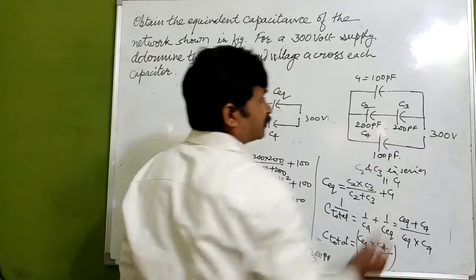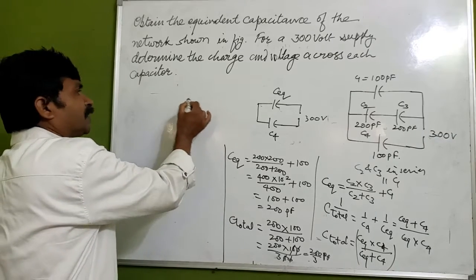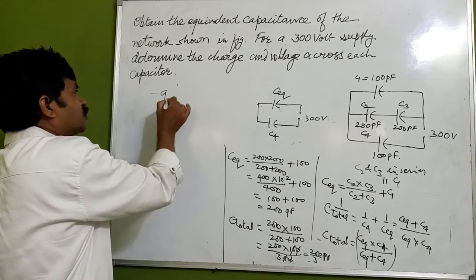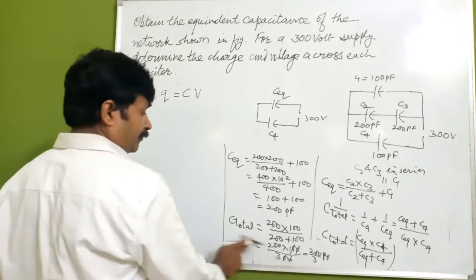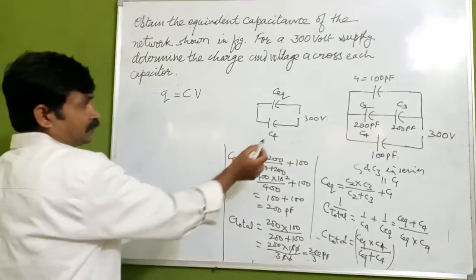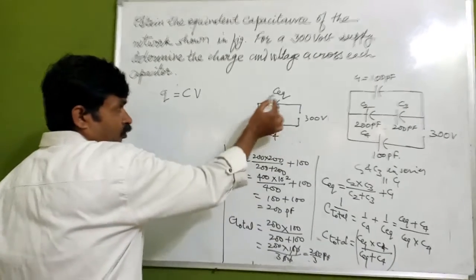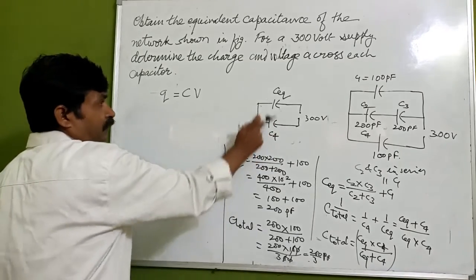Now here we are supplying 300 volt. So the total charge will be, we know that, Q is equal to C into V. Here C total capacitance is 200 upon 3. Now the total charge, since both are in series, is the same on C4 and C equivalent.